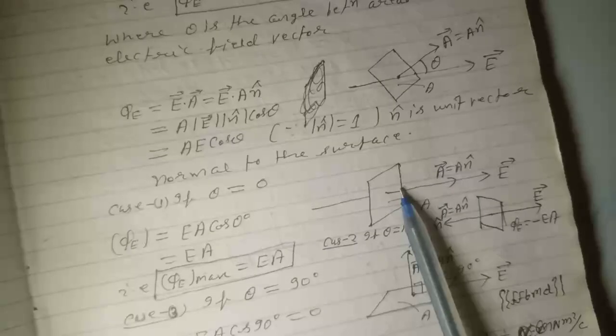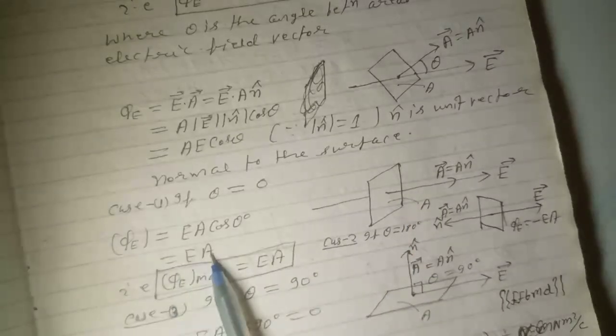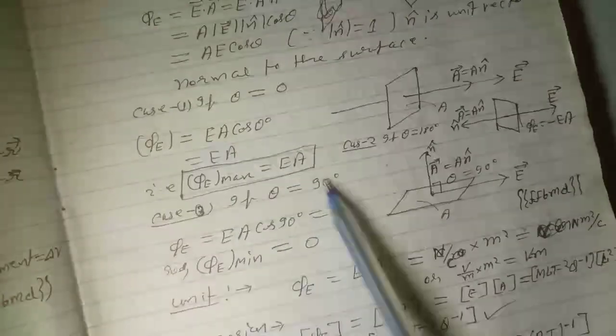Then this case arises, and we have net flux equal to EA, that is phi max equals EA. This will be the maximum value of flux.